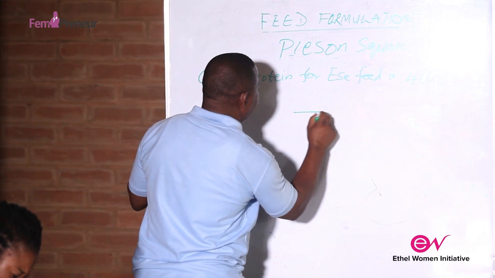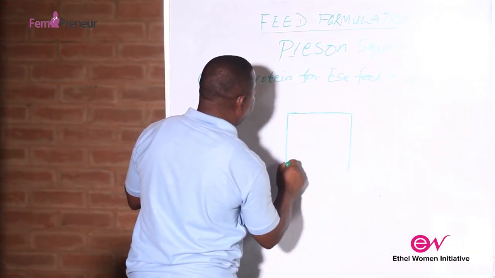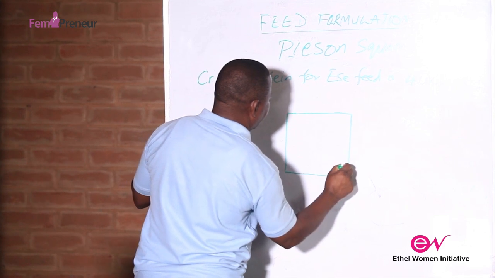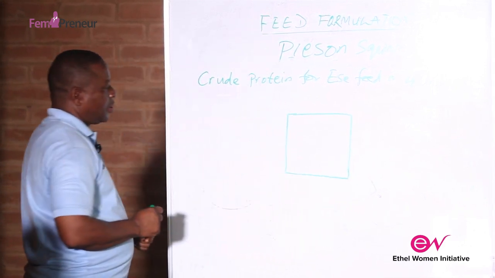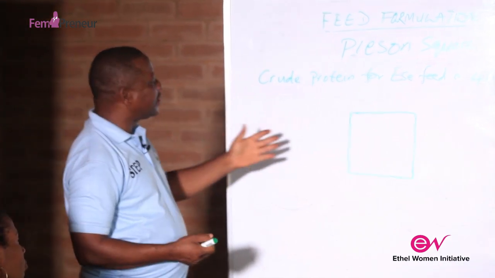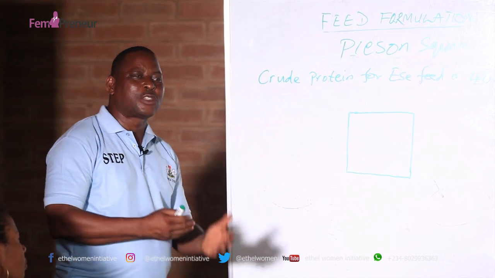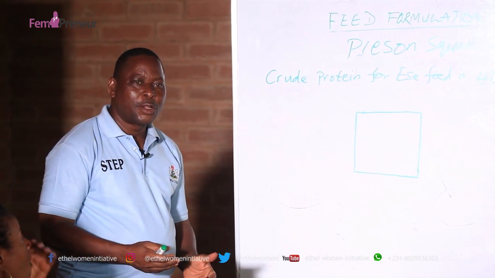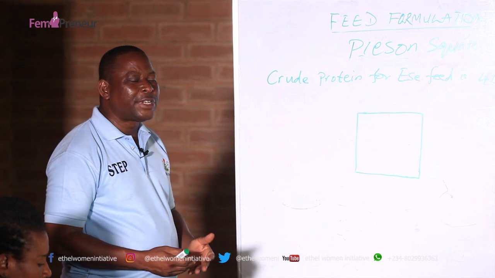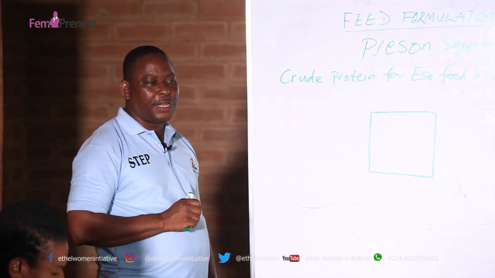This is a square, equal sides. Is that not so? So Pearson considered a square and tried to use the square to calculate the crude protein required for a particular livestock feed you want to prepare.